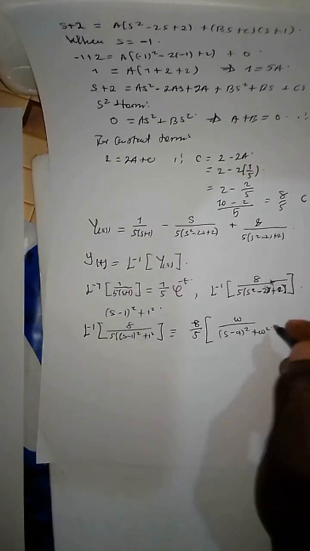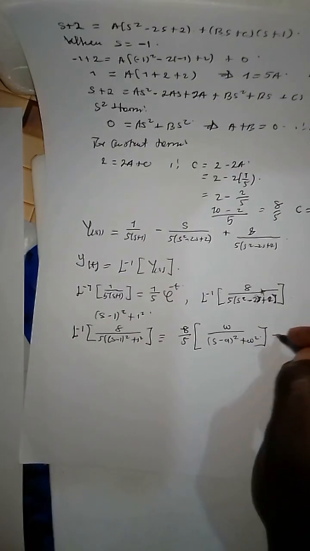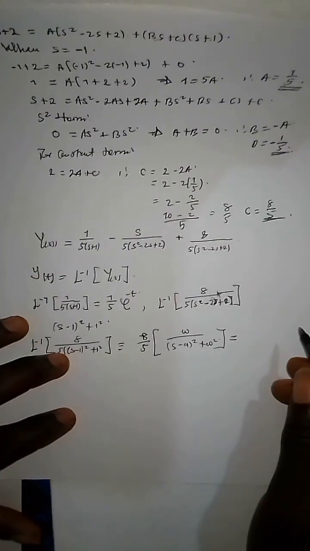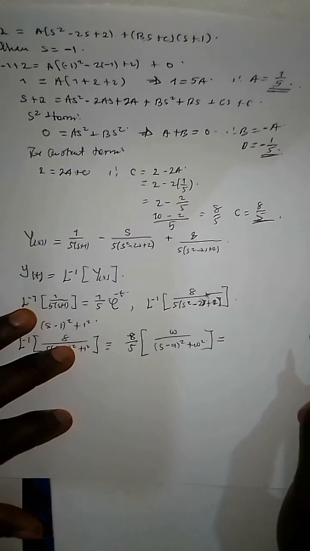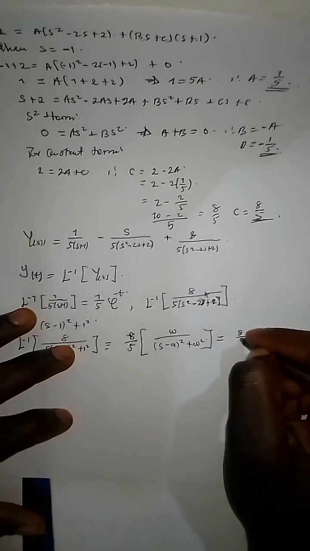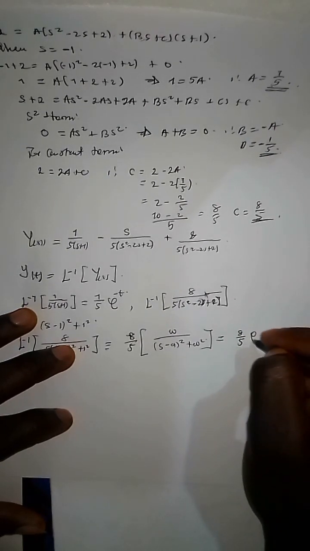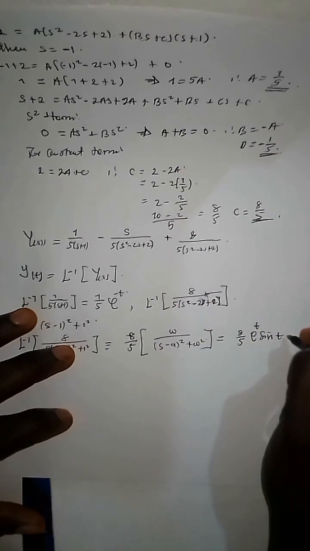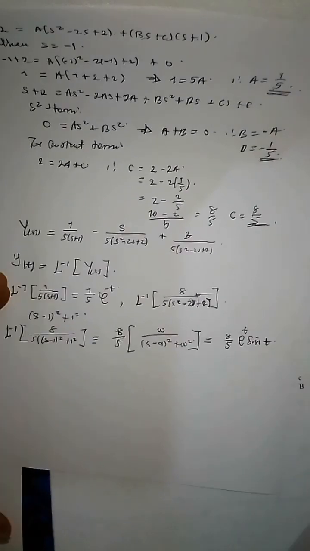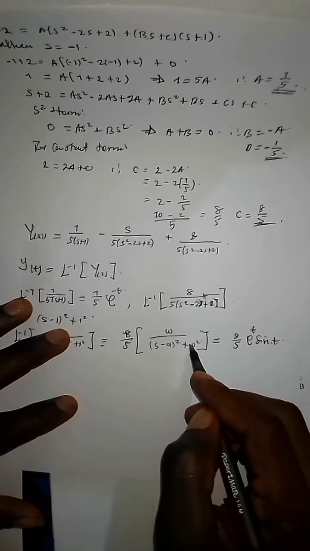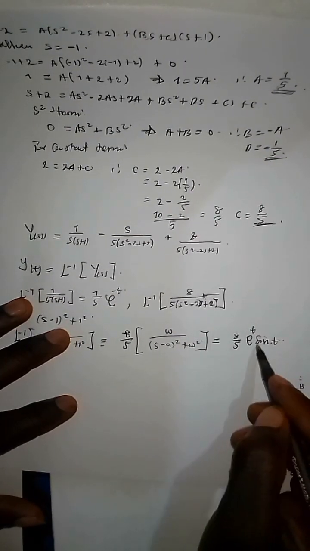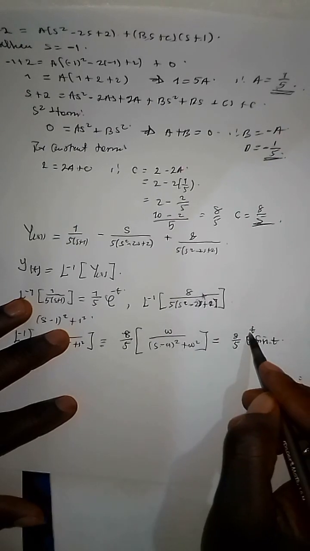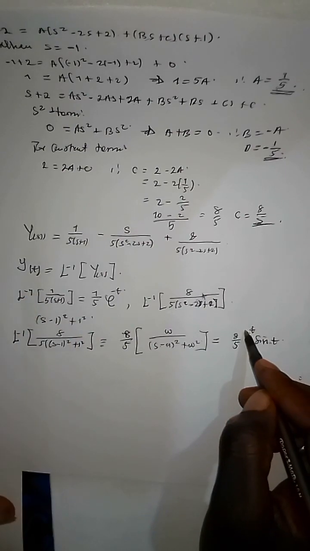So this is the same formula. It therefore means the inverse Laplace transform according to your Laplace transform table will be equal to 8 all over 5 e to the t sine t, because it's sine omega t, because omega is 1 and a is 1. Since it's negative here, it is going to be plus on this part. I hope this part is clear.